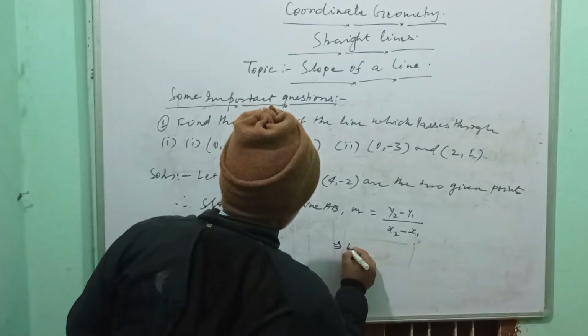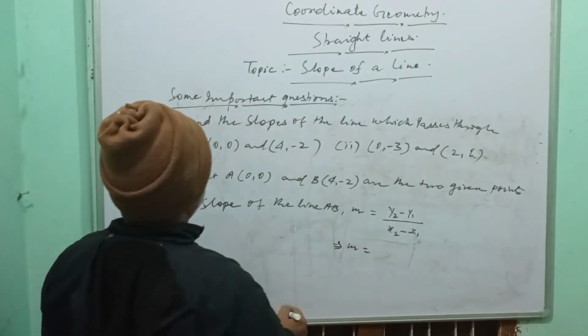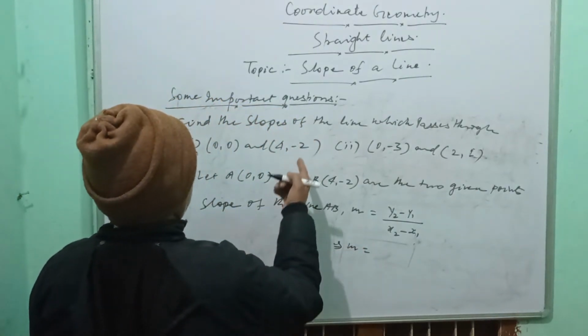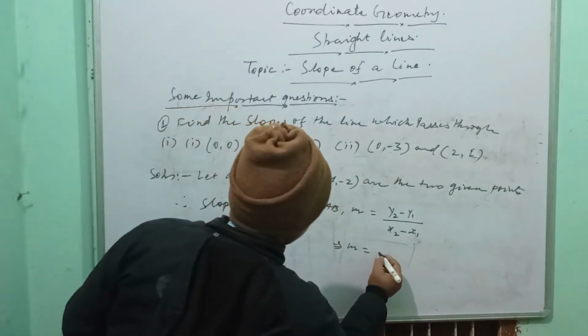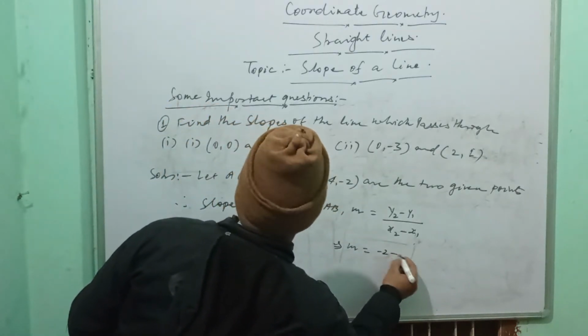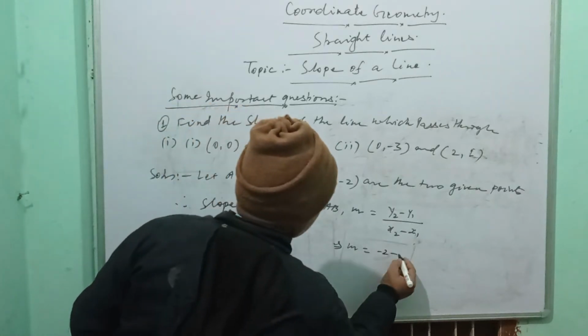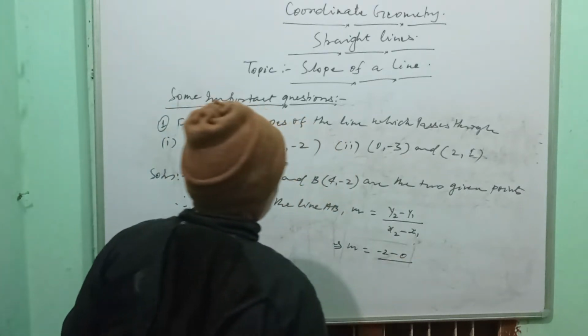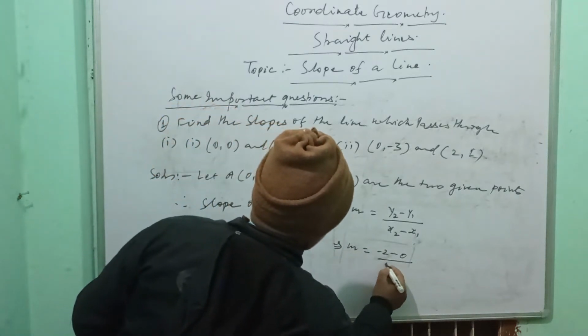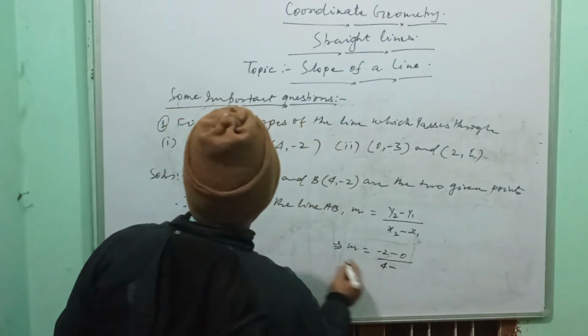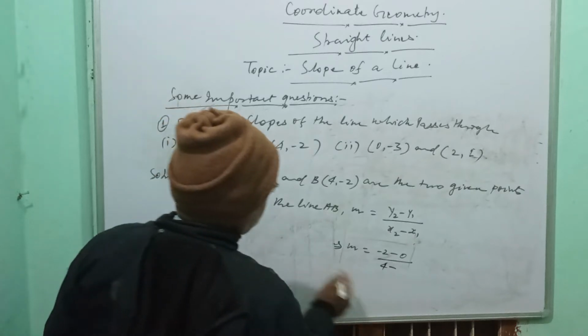This implies M is equal to, here y2 is -2, then -2 minus y1 is 0, and x2 is 4, therefore 4 minus x1 is 0.